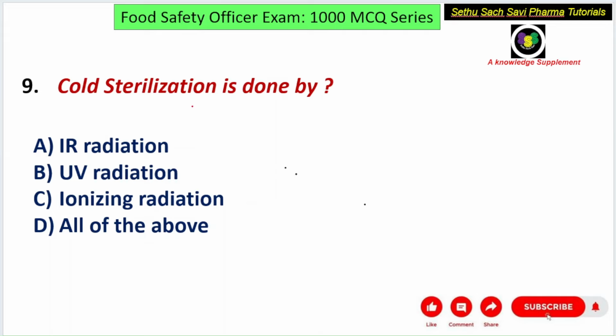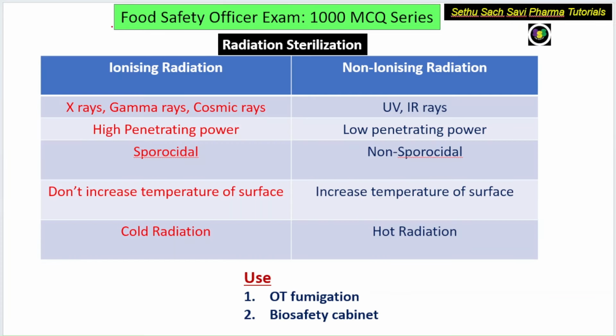The first thing you need to remember is cold sterilization belongs to radiation sterilization. I told you heat sterilization is there, filtration sterilization is there, radiation sterilization is there. That comes under the physical method. Radiation sterilization can be divided into two categories: ionizing radiation and non-ionizing radiation.